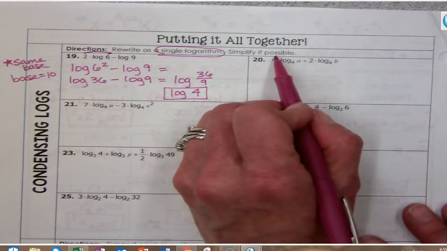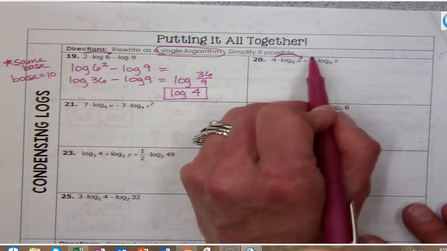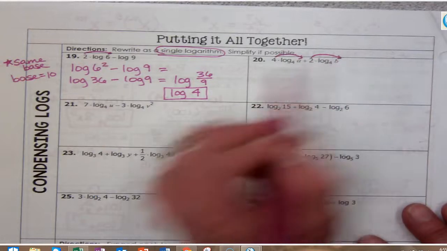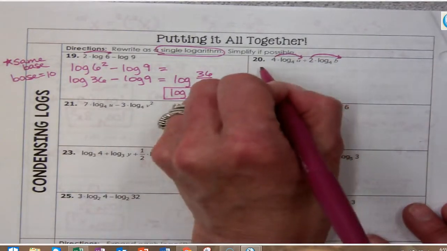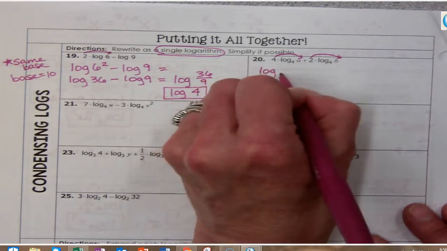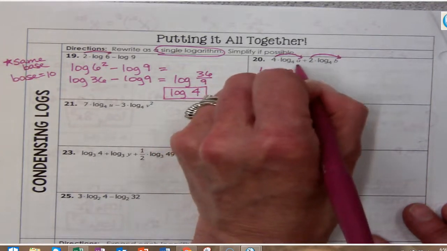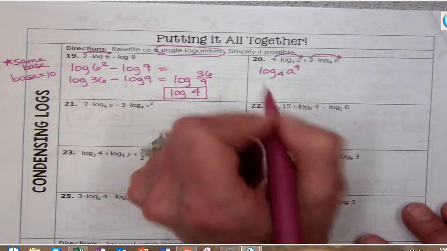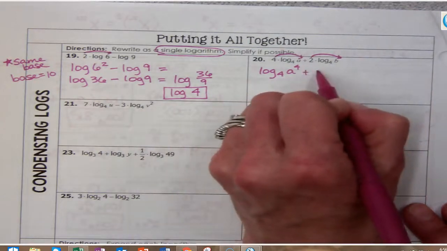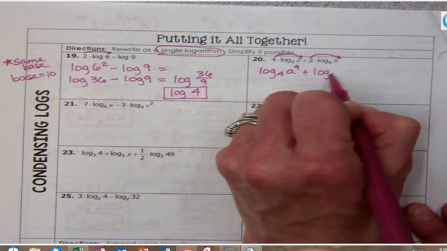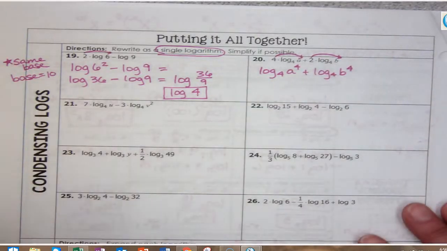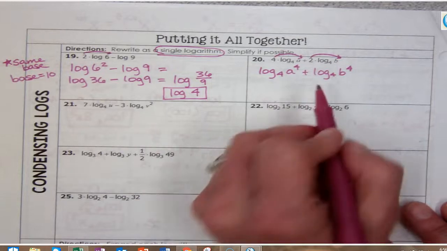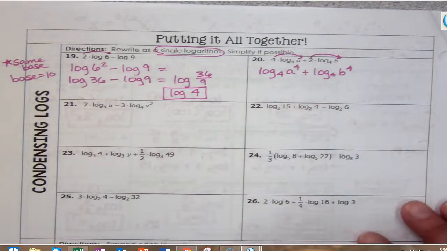I'm first going to get rid of the number in front and make it an exponent. So I've got log base 4 of a to the 4th power plus log base 4 of b to the 4th power. If I look back to the first page, I know that when I'm adding, I'm going to multiply.